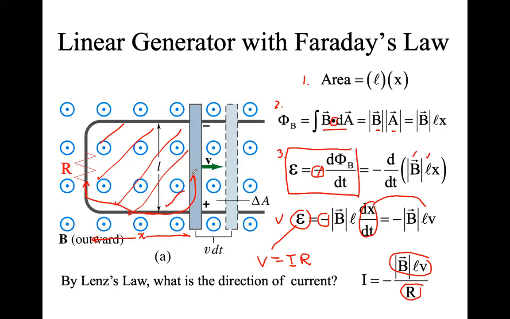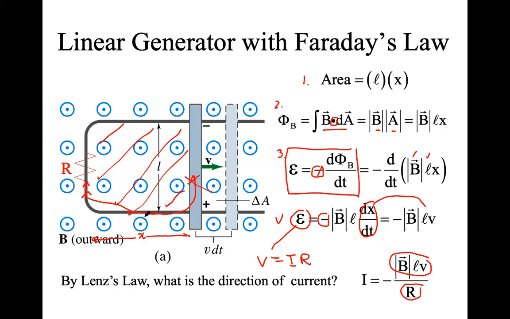Well, the magnetic field is pointed right towards you out of the screen here. In order to oppose that, I would have to create a magnetic field into the screen, and that magnetic field would be created by current swirling around clockwise. And so that's what I expect, not that.